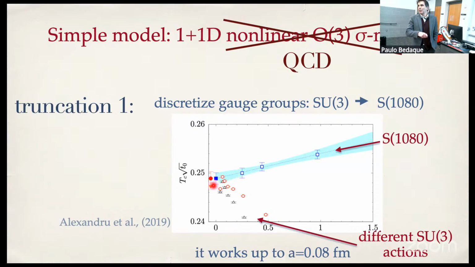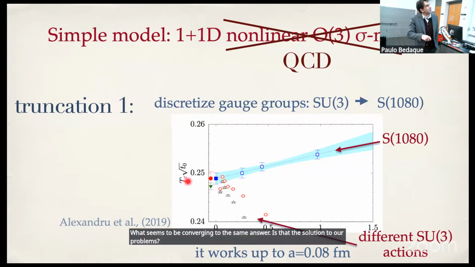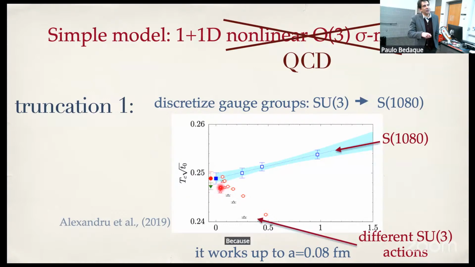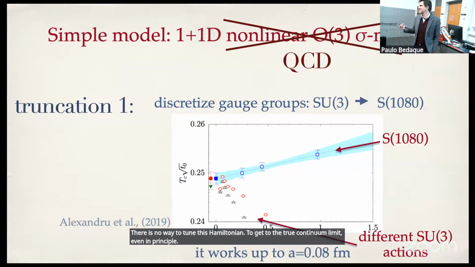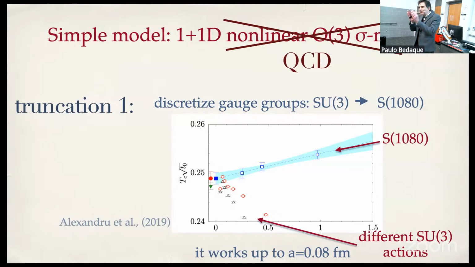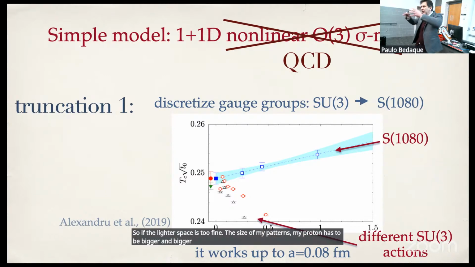Is that the solution to all problems? Not really. Because this last point here is the last point we can use. There is no way to tune this Hamiltonian to get to the true continuum limit, even in principle. So if the lattice spacing is too fine, the size of my hadrons, my proton, has to be bigger and bigger in lattice units. But it can only be as big as, I don't remember the number, 23.